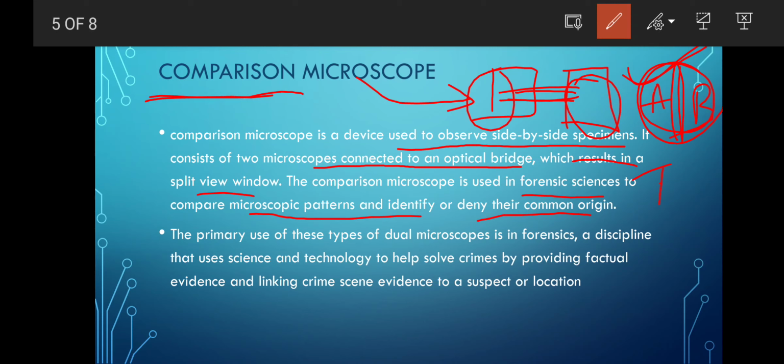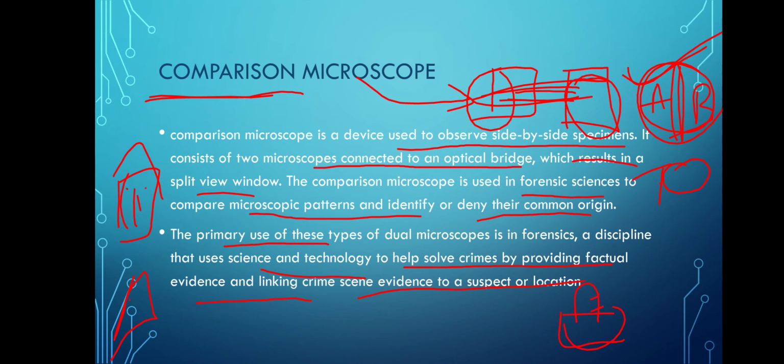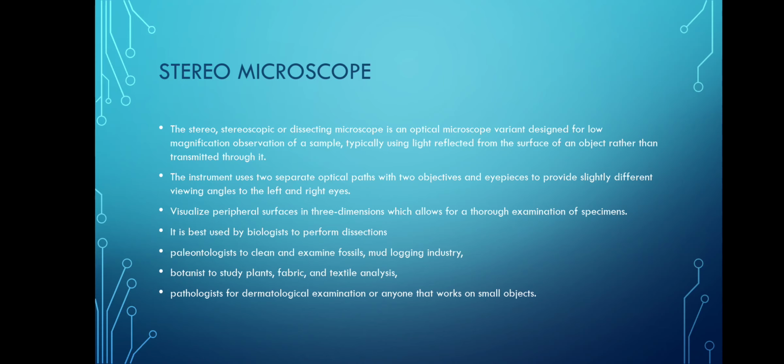Forensic science is the discipline that uses science and technology to help solve crime by providing factual evidence and linking crime scene evidence to the suspect or location. Like locks, we can see how they have been broken or what type of tool was used. Based on the striation marks we can examine them in the comparison microscope, or the bullet, how many marks it had and so on. Okay. Next, coming to the stereo microscope.